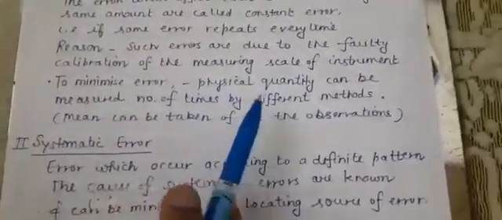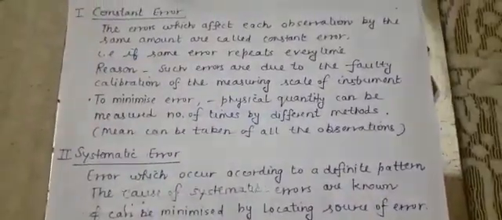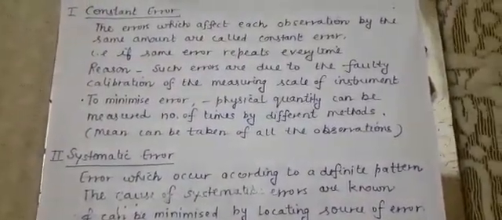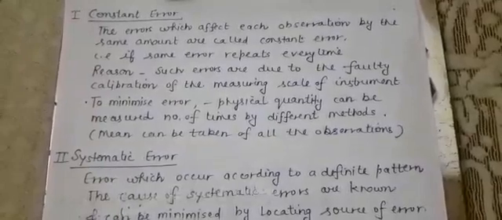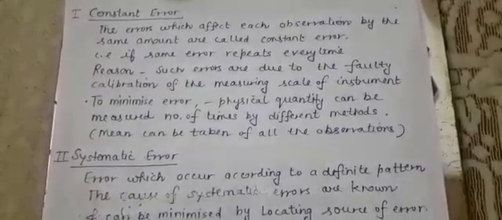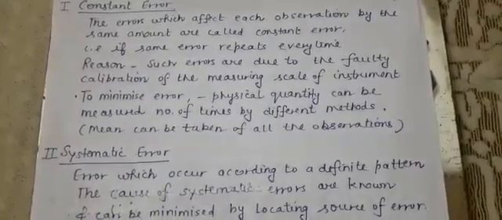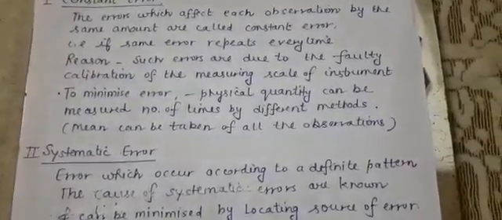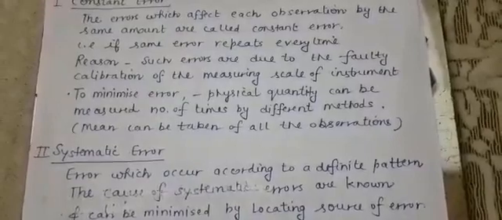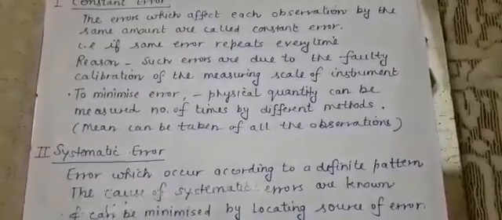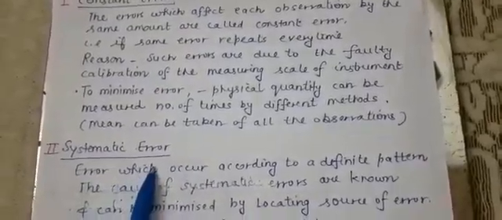So why do we take the mean while doing the experiment? Because due to any reason when you are performing the experiment, there may be slight variation, so the average will be taken. So this is a constant error, where the same error repeats again and again. Now next is systematic error.